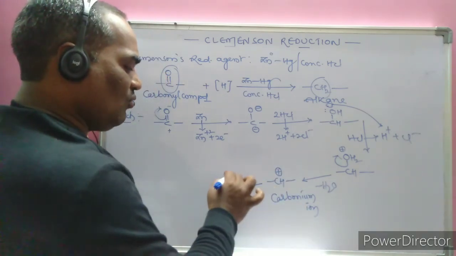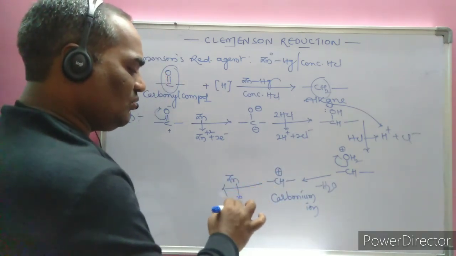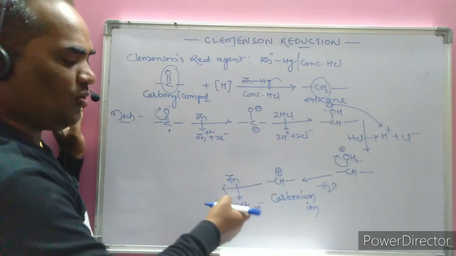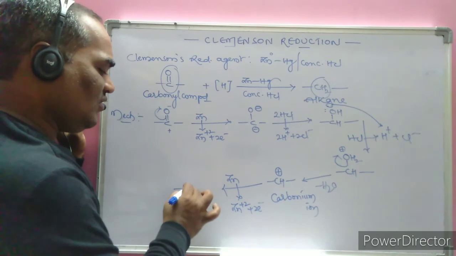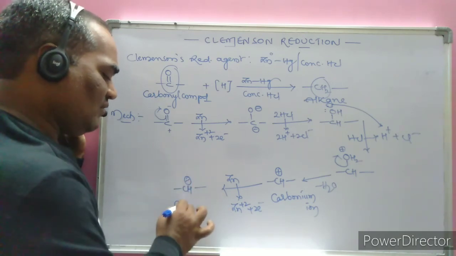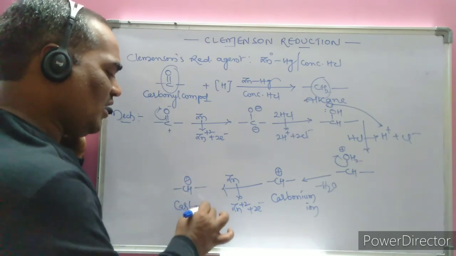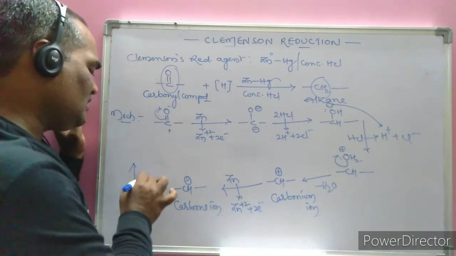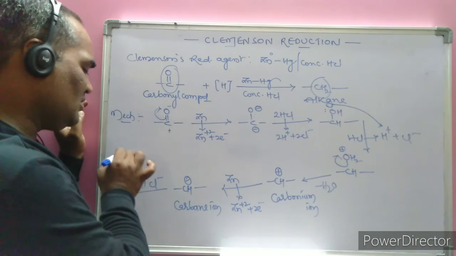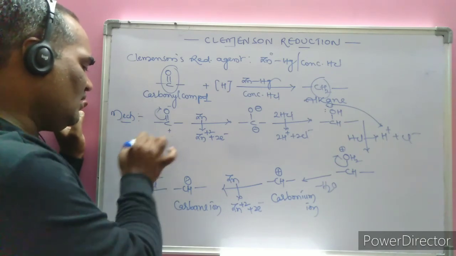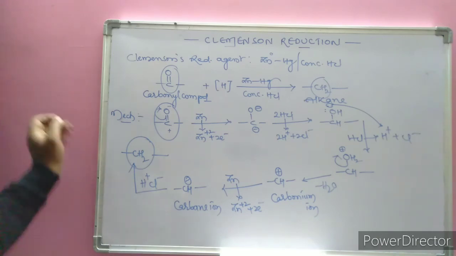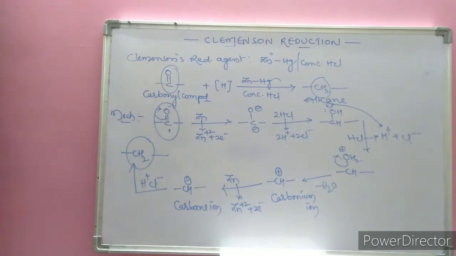Now, another mole of zinc donates 2 electrons, being a second electropositive element. It gets converted into CH minus, which we call a carbanion. Now another mole of HCl, H plus and Cl minus, converts the C=O group into CH2. This is the mechanism of the Clemmensen reduction.